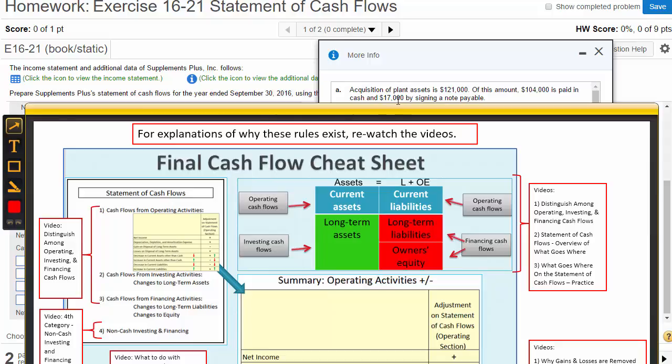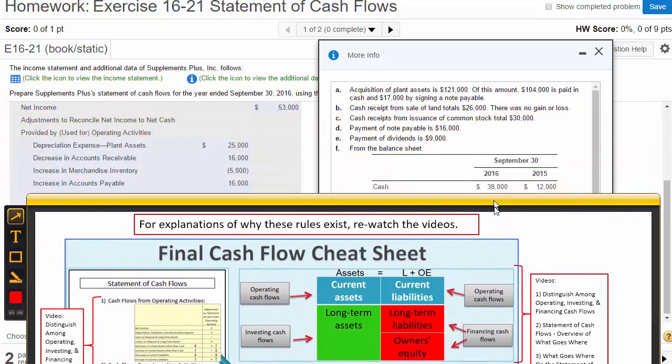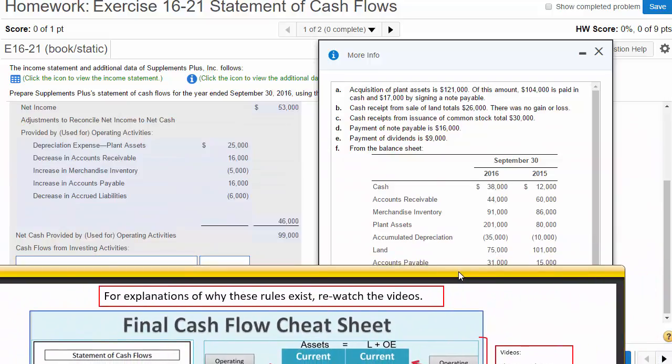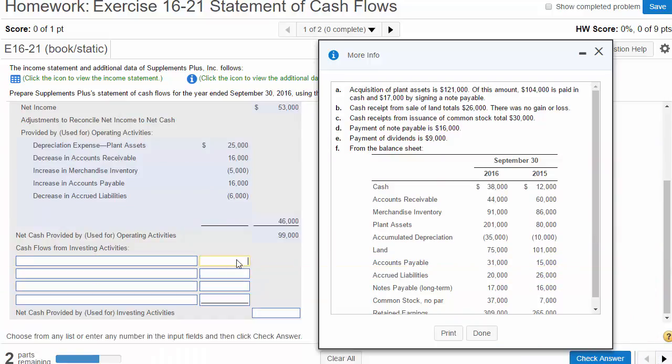So we will put that in towards the end of this exercise. Let's get back to what we're doing now. We're doing changes in long-term assets, but only if they affect cash. So we acquired plant assets, and the amount that was cash is $104,000. Since we acquired plant assets, we must have paid that $104,000. So that's a minus.